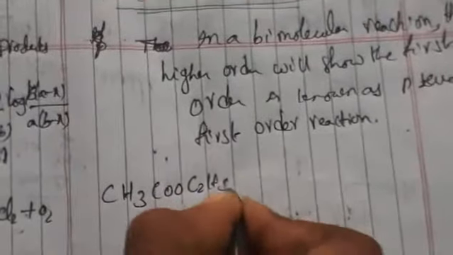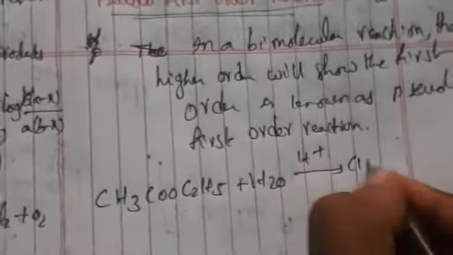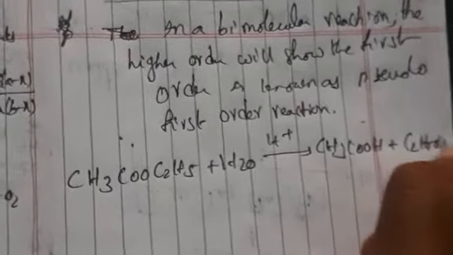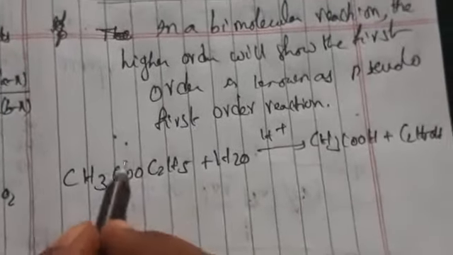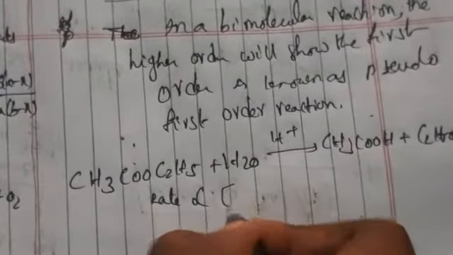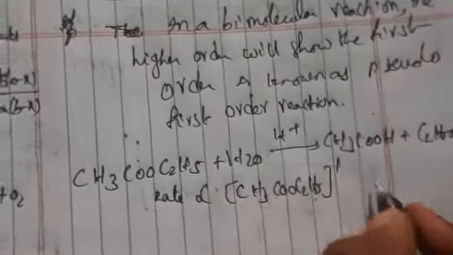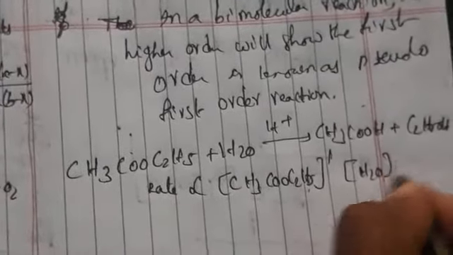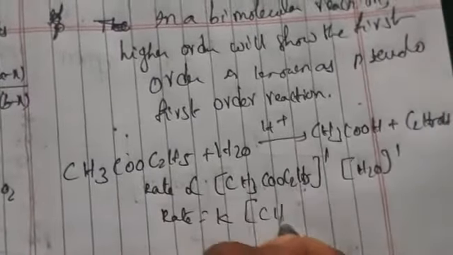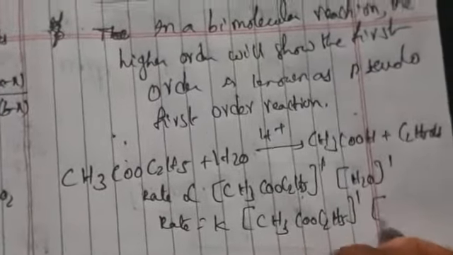Okay, so now let us take an example to clearly understand. CH3COOC2H5 plus H2O, in the presence of acid, we are going to get CH3COOH plus C2H5OH. For the reacting molecules, according to rate, rate is directly proportional to concentration of CH3COOC2H5 to the power 1 and concentration of H2O to the power 1.